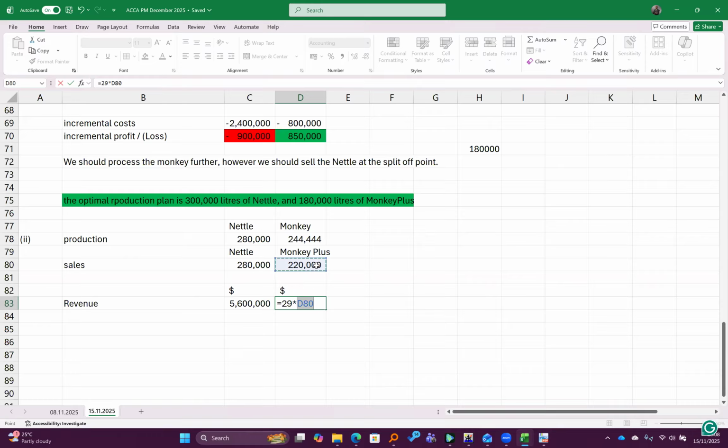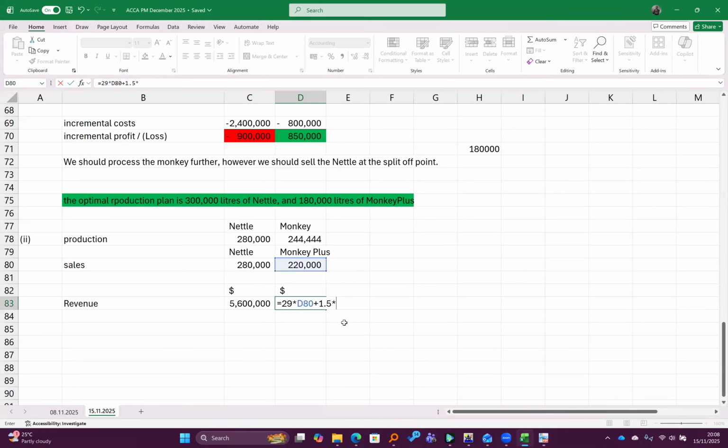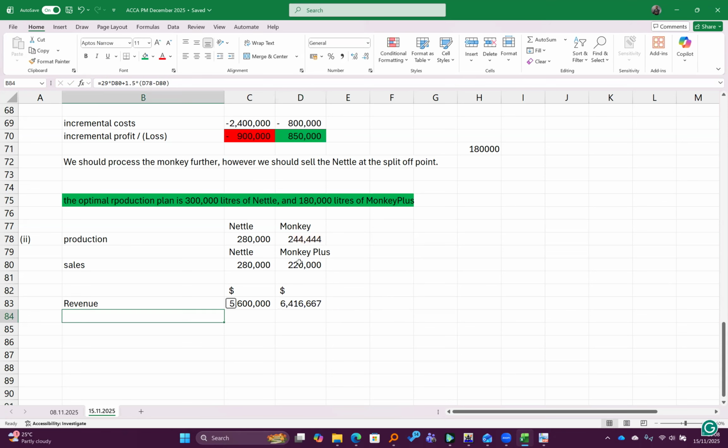But there is another amount of 1.5 multiplied by the 10%, the loss. So that gives us 6.4.